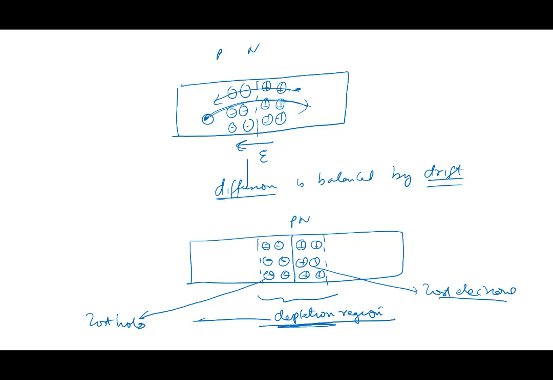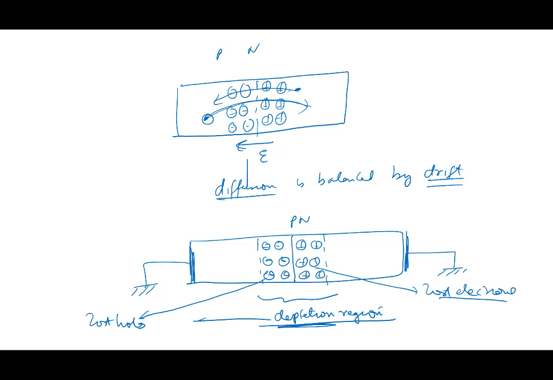All this that we are talking about is at equilibrium, when both sides are grounded. There's an equilibrium situation. So this is the picture of a PN junction with no voltage applied. There is a P region, there's an N region, and at the junction you have this depletion region with an electric field.